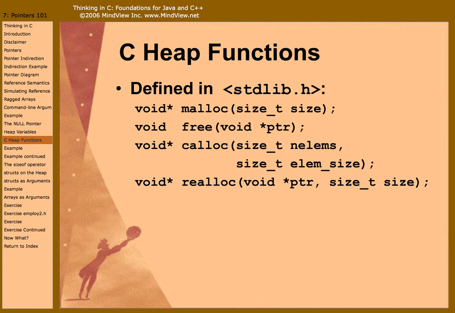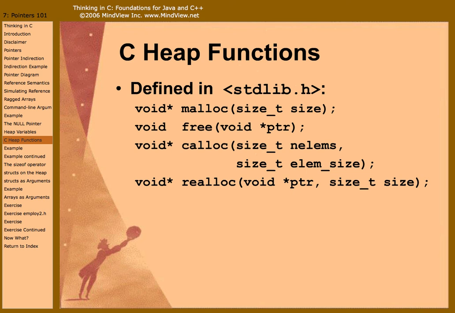Well, now that's an interesting concept. What does that mean? Well, we're really not going to get to that in detail until the next chapter, and so you really only need to worry about that if you're going on to C++. But basically, it means a generic pointer. Remember that to use a pointer, it has to be a pointer to a certain type, an int or a structure object or whatever. The system needs to know how big your object is that you're pointing to, otherwise you can't do anything with it.